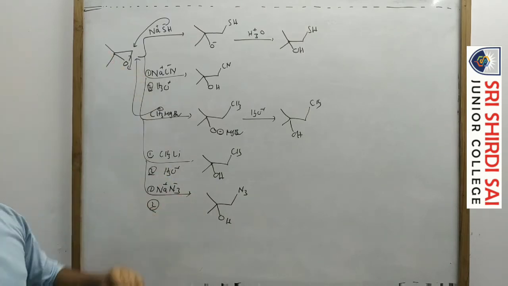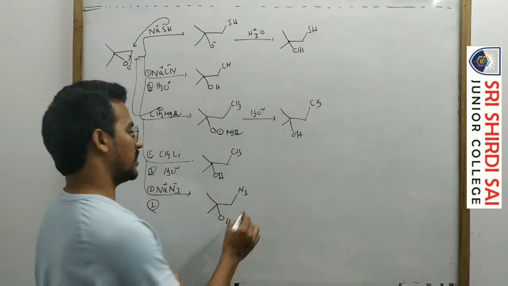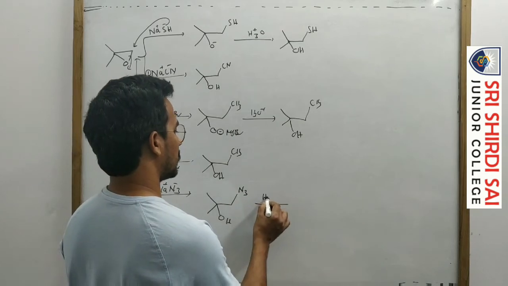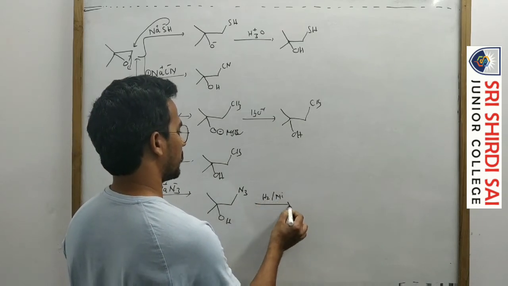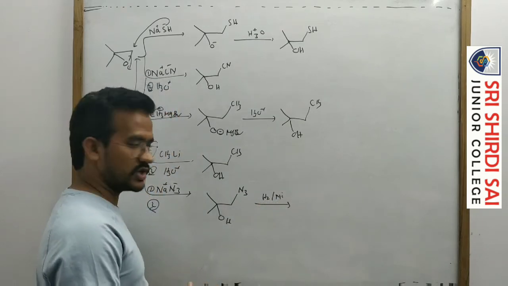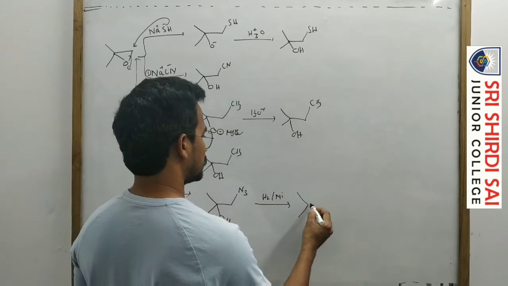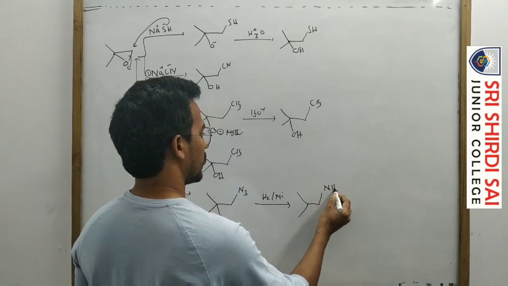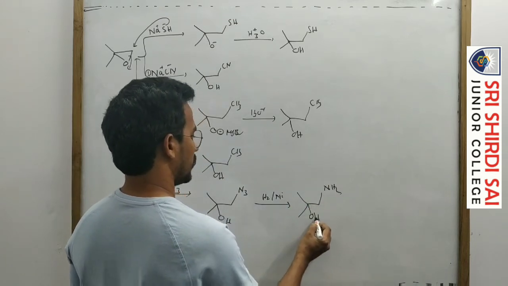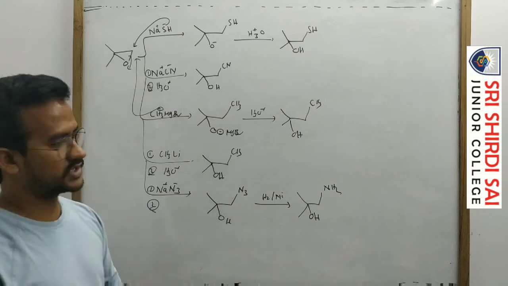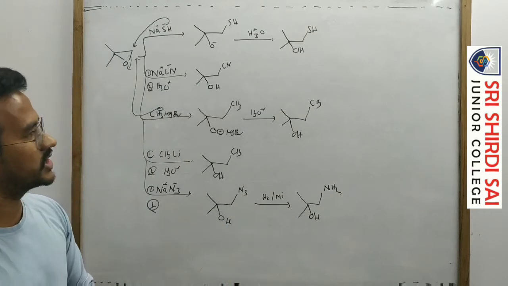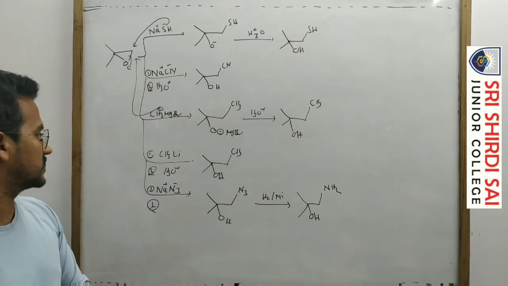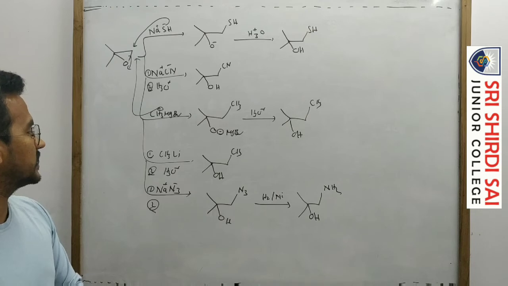The next step is hydrolysis, so it is converted to OH. Now this one reacting with reduction with H2, nickel. It is converted to NH2 and OH. Okay, reduction with H2, nickel, platinum, palladium, on sodium azide product.